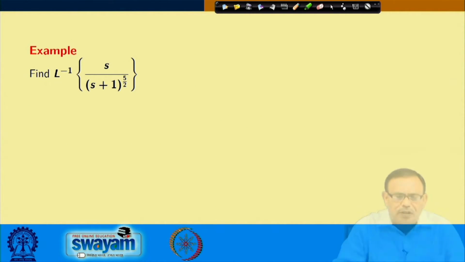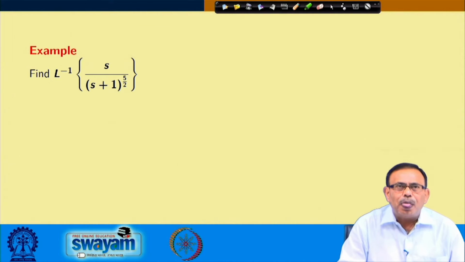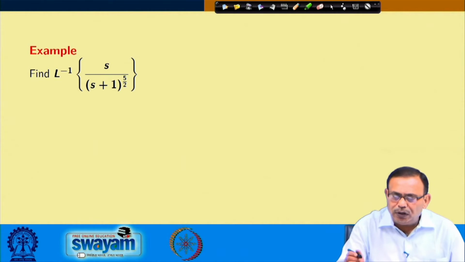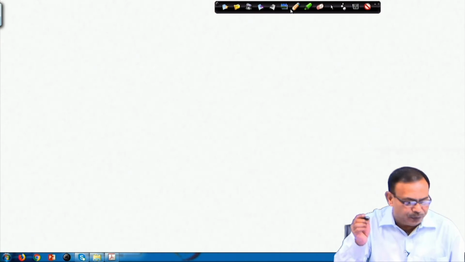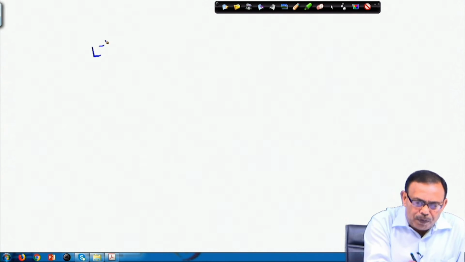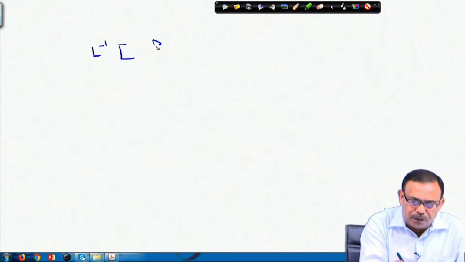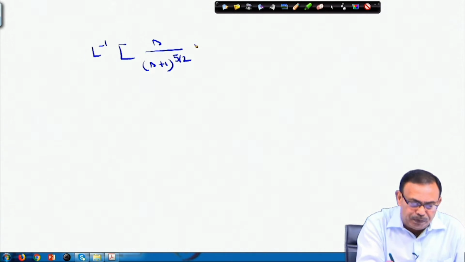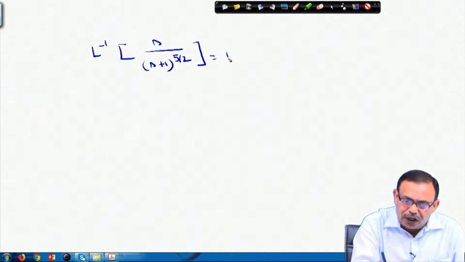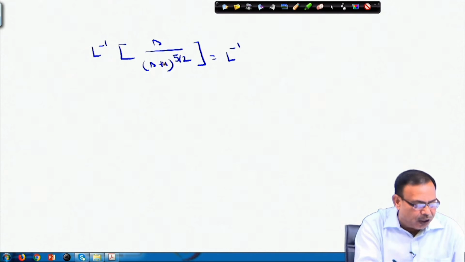Now, let us see this example, Laplace inverse of s by (s plus 1) to the power 5 by 2. This I have to write down, since s plus 1 is there.